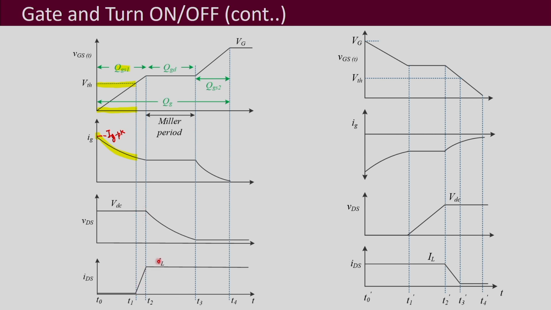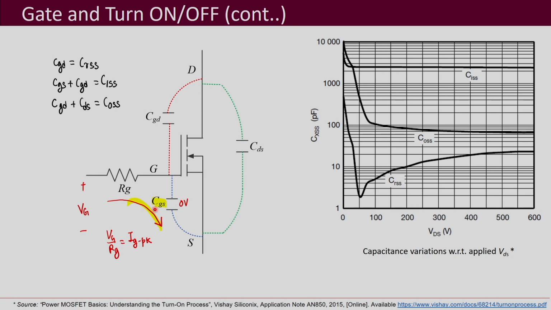So this current increases and it reaches the steady state current, capital IL, and at that time also it is continuing to charge this CGS. So the charge associated with it is QGS.